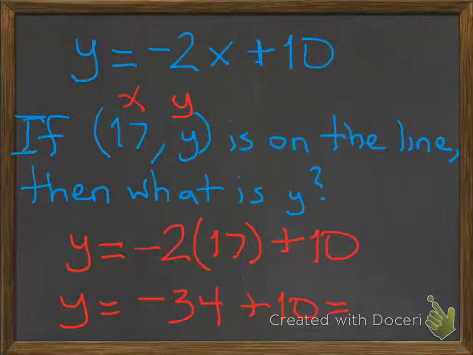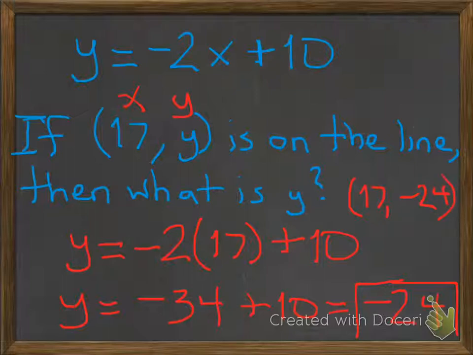And negative 34 plus 10 is negative 24. So all we did was, since x was already given to us, we put it into the equation and found the y, which in this case is negative 24. So the point that this line passes through with x equal to 17 would be (17, negative 24).